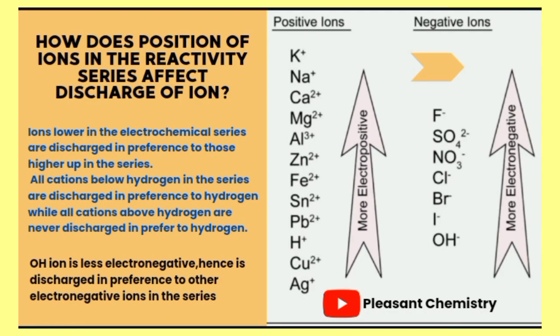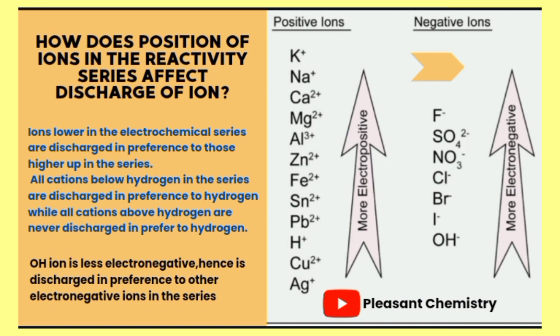How does the position of ions in the reactivity series, now reactivity series is the same thing as electrochemical series, affect discharge of ions in the electrochemical cell? Now when we say preferential discharge of ions, it can also mean selective discharge of ions, whereby we have two ions and one is invariably discharged over the other, and there are factors that affect it.